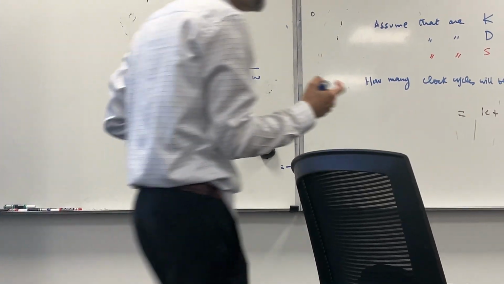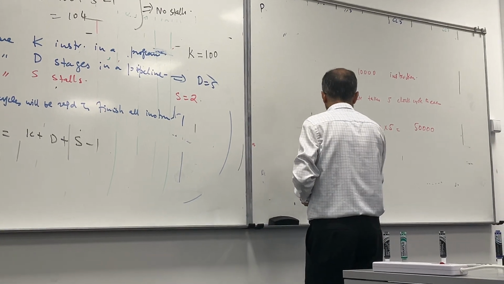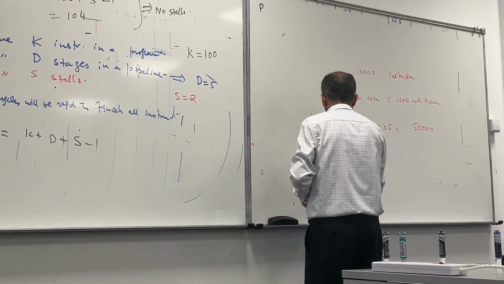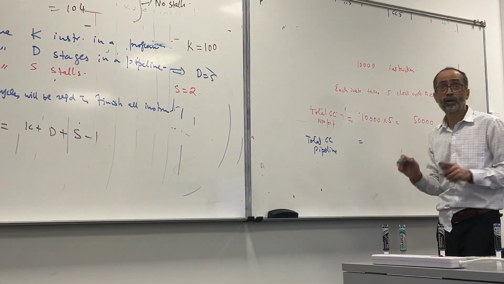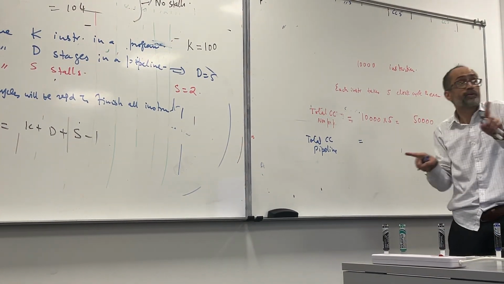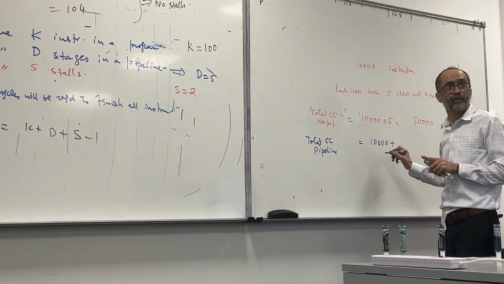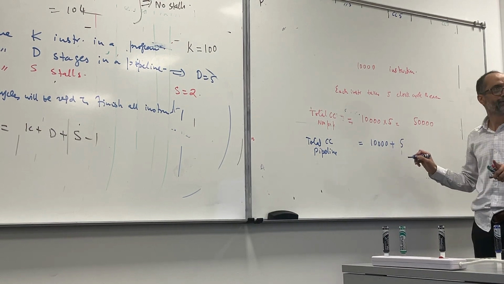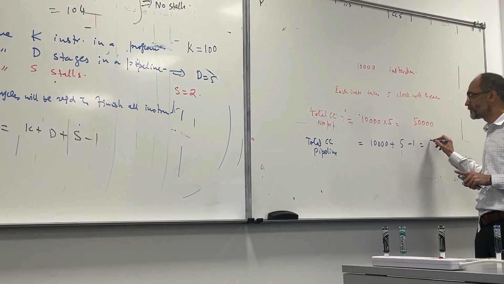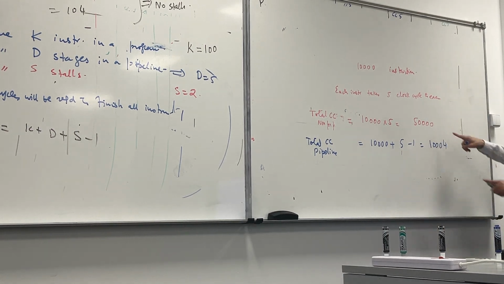But if we have a pipelined machine, what will be the total clock cycles in the absence of stalls? 10,000 plus 5, the number of stages, minus 1. What is that? 10,004. So if you divide 50,000 by 10,004, what is the speed up?